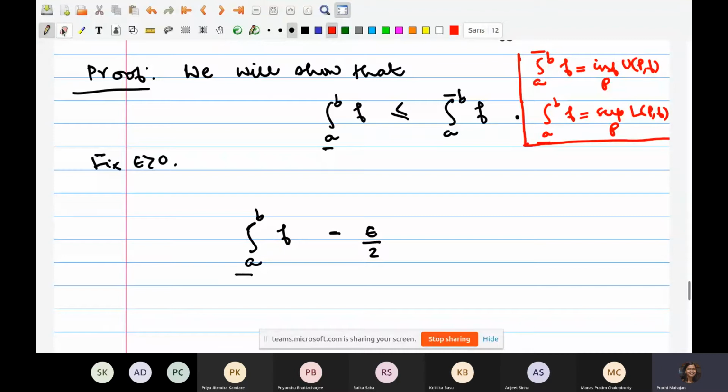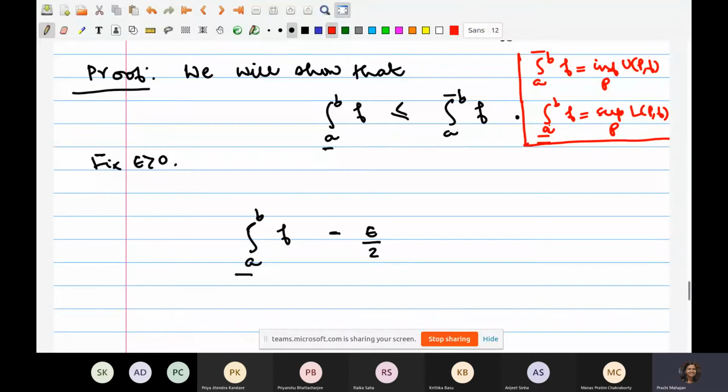So what happens is, when I am considering this lower integral minus epsilon by 2, having fixed an epsilon positive, the lower integral by definition is the supremum of some quantity, which means it's the least upper bound.